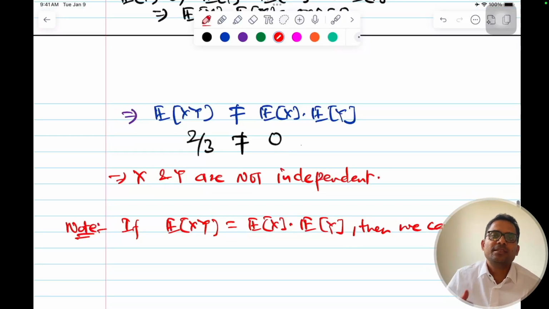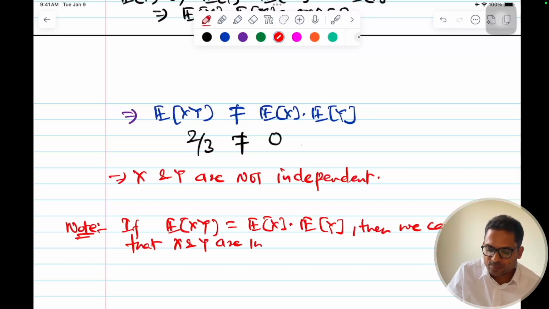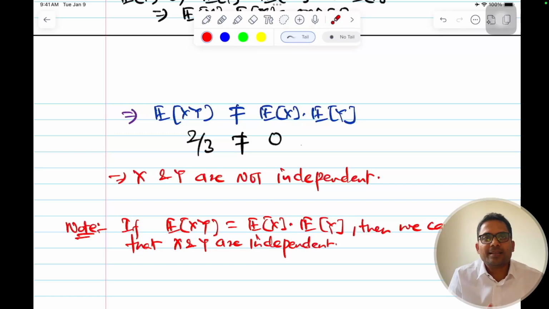The inverse is not true. I'll give you an example to show this. For the independence case, we said that if the expectation of x and y together is equal to the expected value of x into the expected value of y, then they are independent.